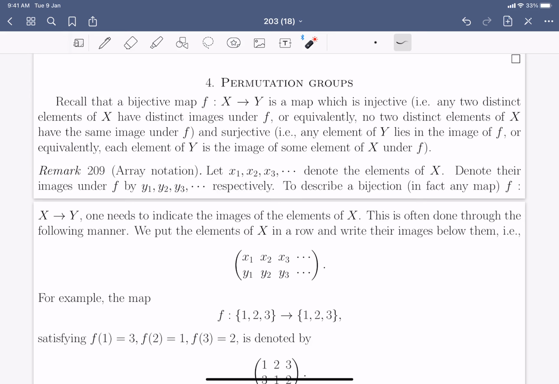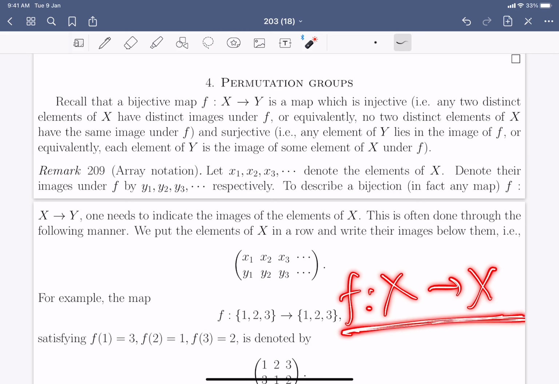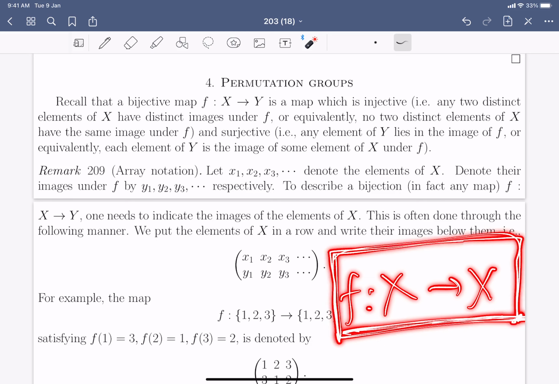There I mentioned that if you consider all the bijective maps f from x to x, then the set of all such bijective maps forms a group under the composition of functions. And for the next few lectures we will focus only on such maps.